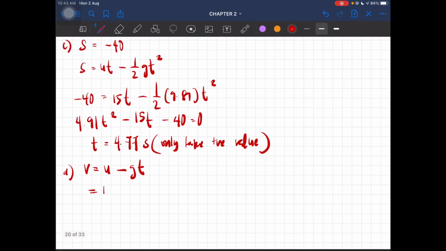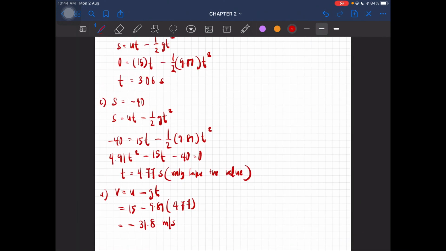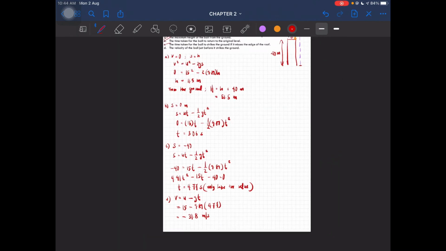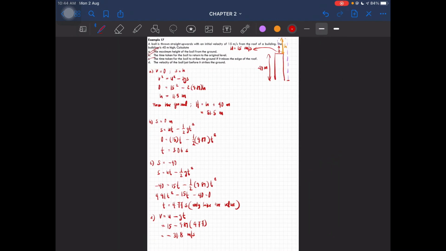Okay, so 15 minus 9.81 times 4.77, you'll then get the velocity to be negative 31.8 meter per second. So negative means the ball's velocity is going downwards. Okay, so I guess that's basically example 17.